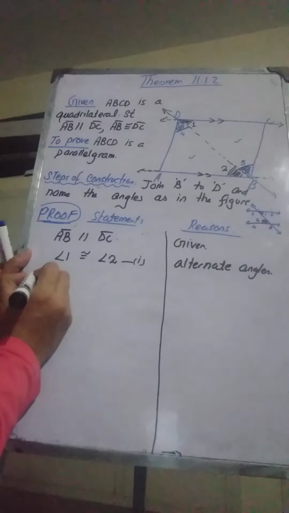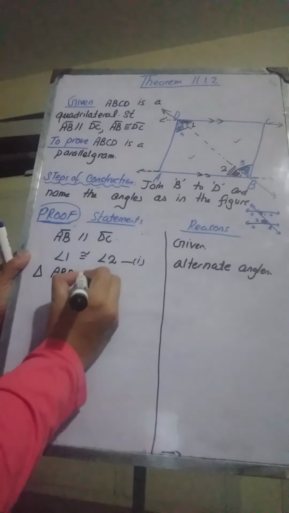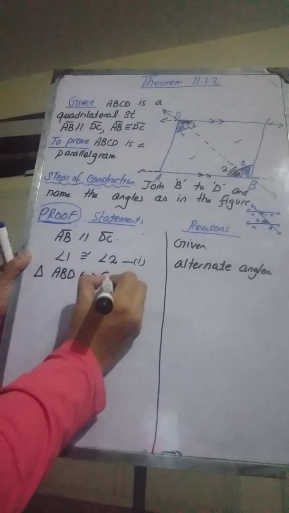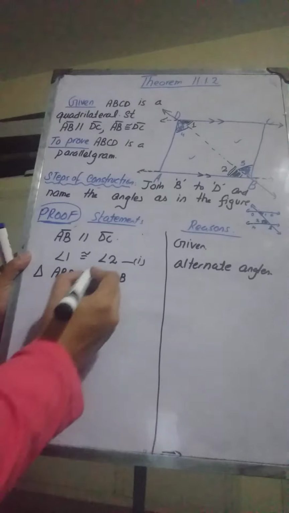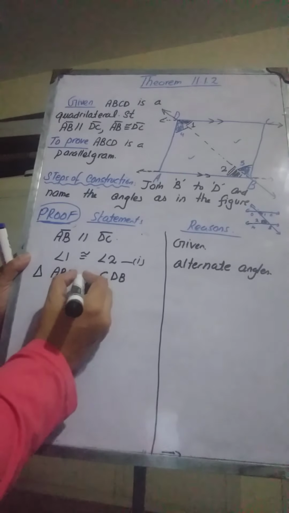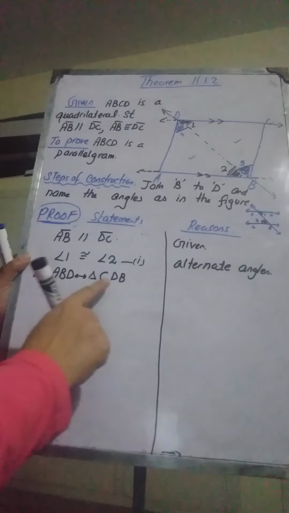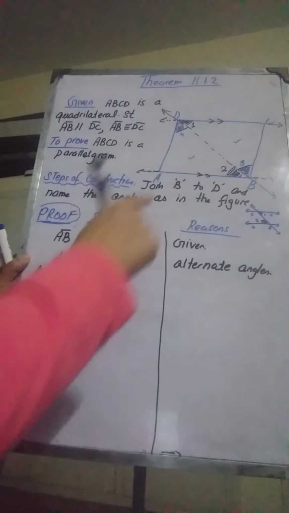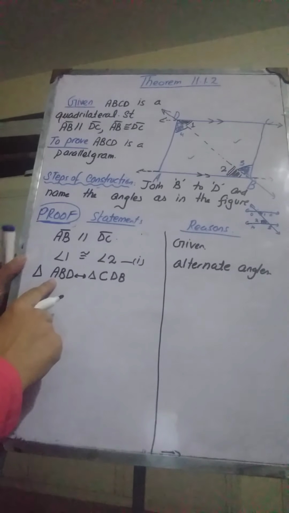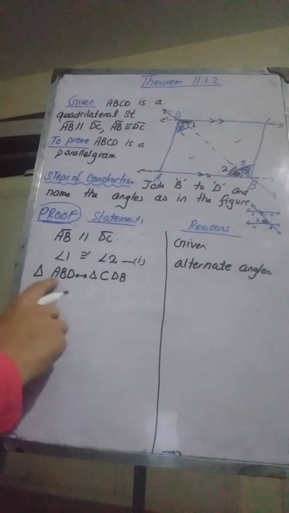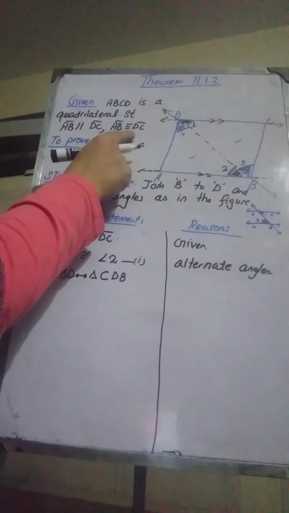Now taking the correspondence between triangle ABD and triangle CDB, we are going to take the correspondence between these two triangles. Be careful that AB is taken corresponding to CD because it was given that these two sides are congruent.